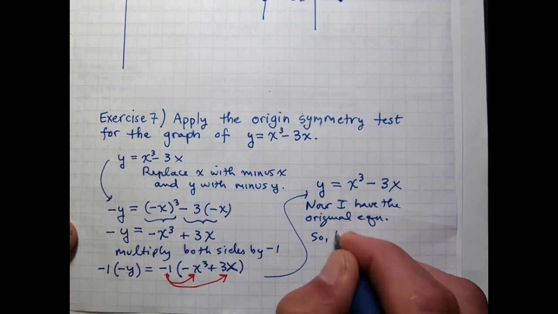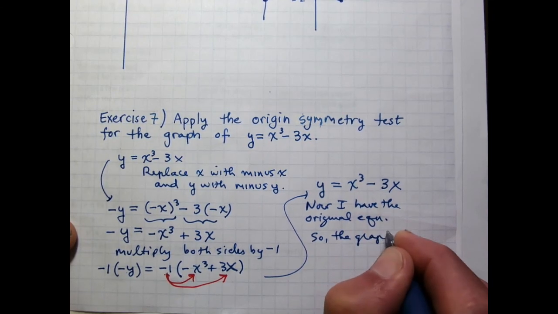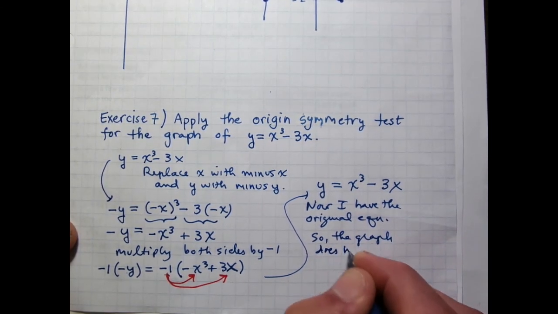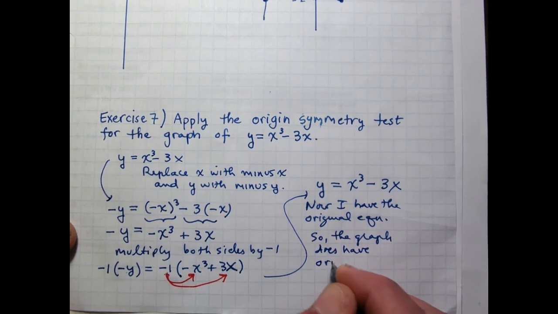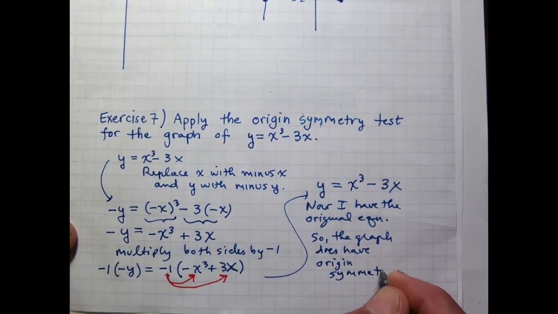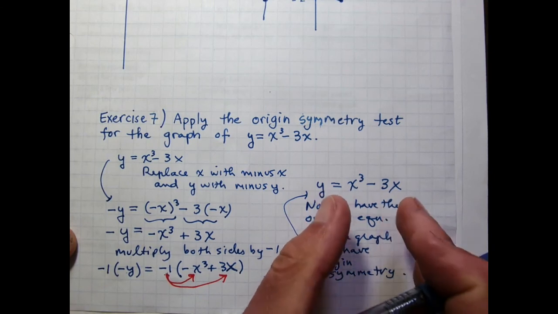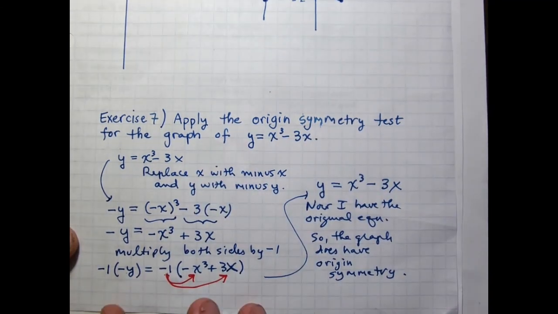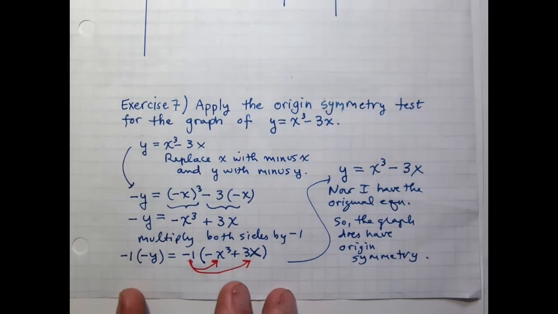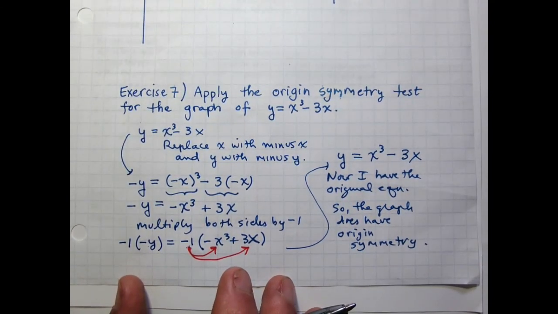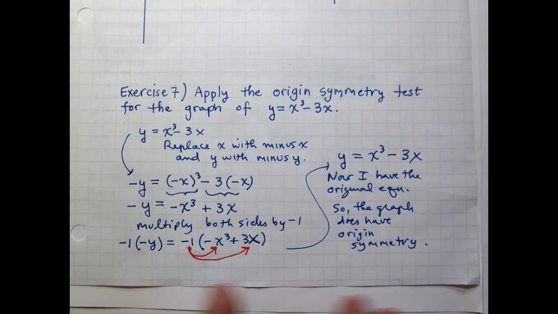So the graph does have origin symmetry. We didn't see the original equation at that earlier step, but we were able to multiply both sides by -1, which converts to an equivalent equation, which again gave us the original equation. So we were able to verify that the equation has origin symmetry.